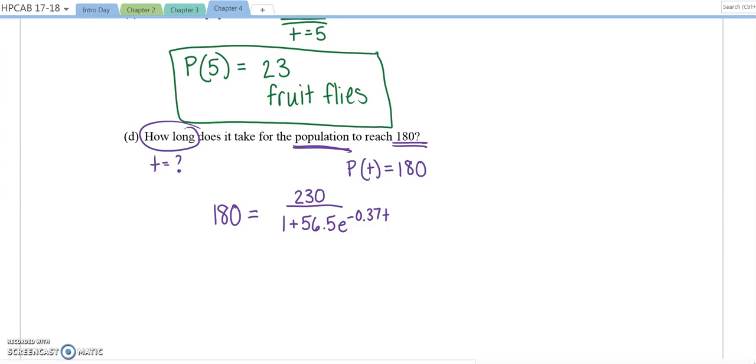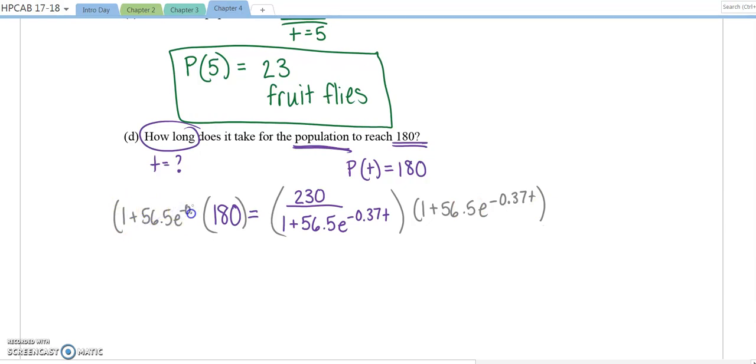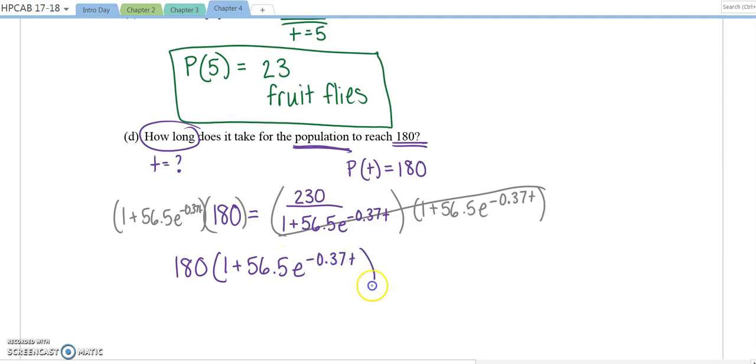Now, remember what we've always dealt with when you have variables in the denominator. The first thing you do is multiply both sides by the entire denominator, so 1 plus 56.5 e to the negative 0.37t. Both sides. And what happens is over here it cancels out. So over here now I have 180 times the quantity 1 plus 56.5 e to the negative 0.37t, and on the other side I just have 230.